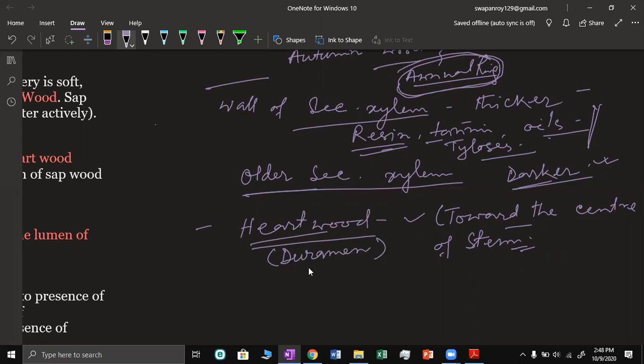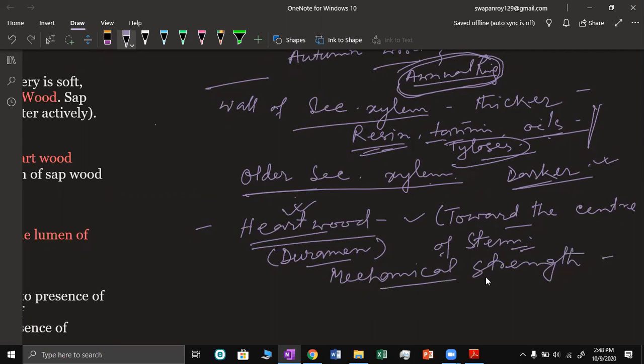Due to this thick wall of this secondary xylem tissue and the deposition of resin, tannin, oils, and tyloses, this heartwood portion becomes very strong, and it provides only mechanical strength. It cannot support the conduction of water.